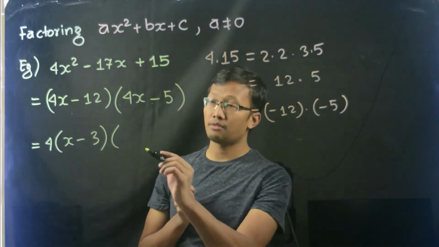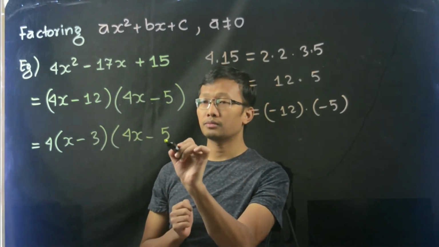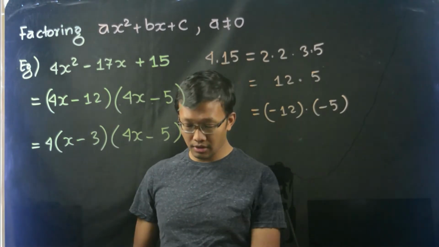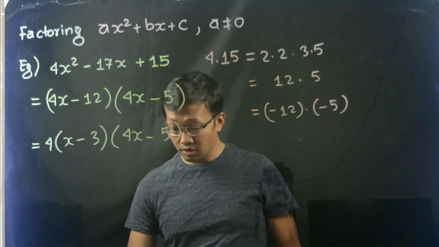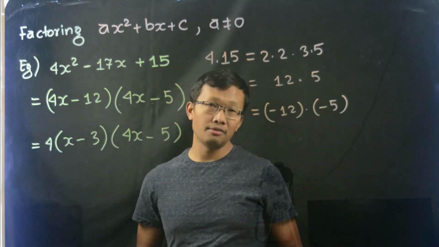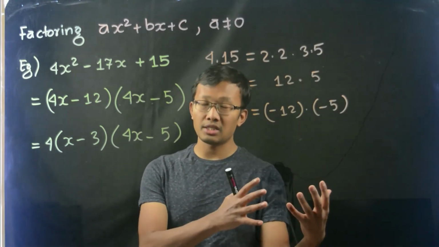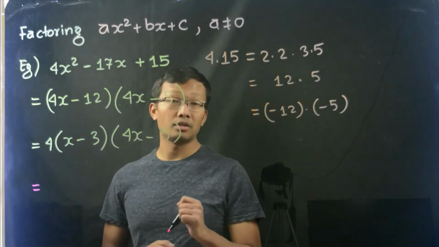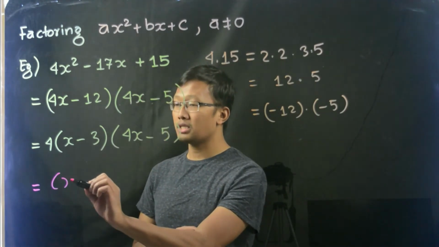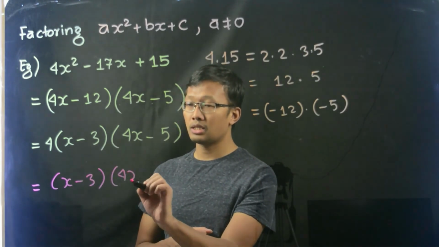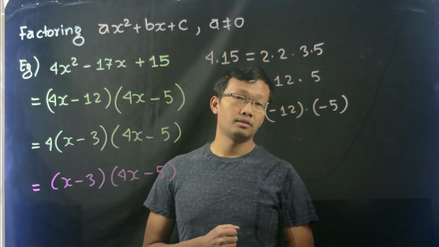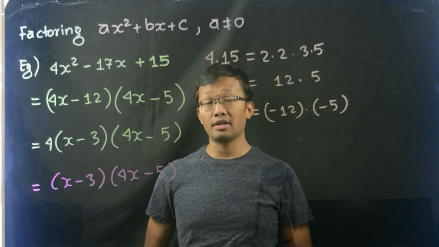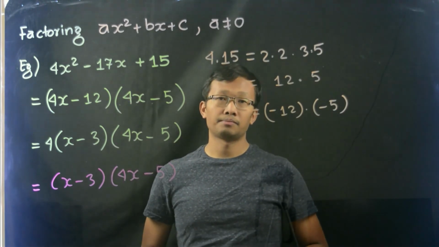And this is 4x minus 5. By now, I think you might have already realized why we can ignore this 4. I gave you a hint, and also the multiplication backward check to illustrate my case. So our complete factorization would be x minus 3 times 4x minus 5. So that's the factorization. Now it's your duty to check whether I correctly factorized the trinomial or not. So that's all.